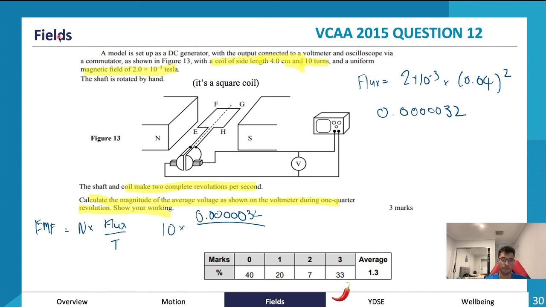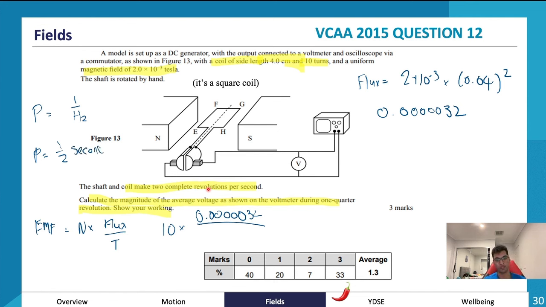The first piece of information is that it completes 2 revolutions in 1 second. Using our frequency formula, period is equal to 1 divided by frequency, and since the frequency is 2, the period is half a second.